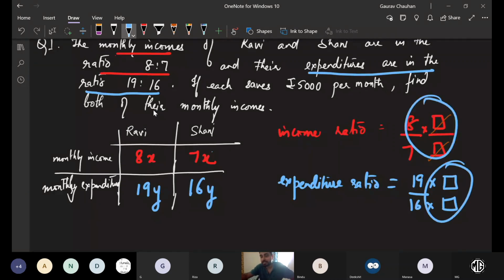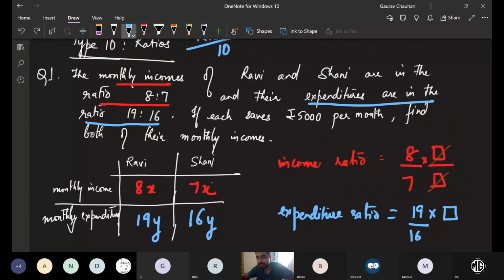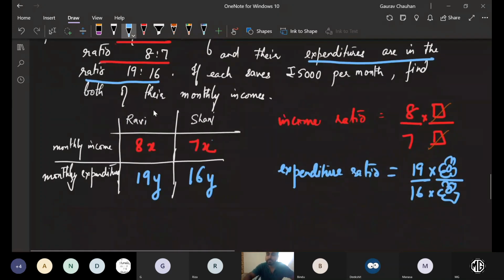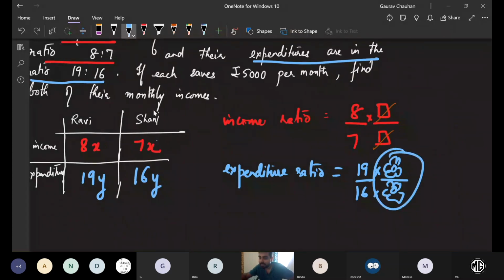This one is different from the other. So basically this is 19 into something by 16 into something. This common part is in the numerator and denominator, but it has no connection with the income ratio. There is no connection there. This is an important thing we'll have to keep in mind.